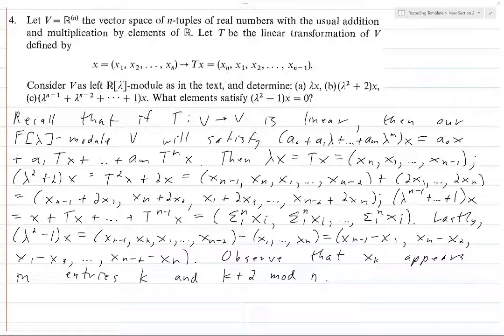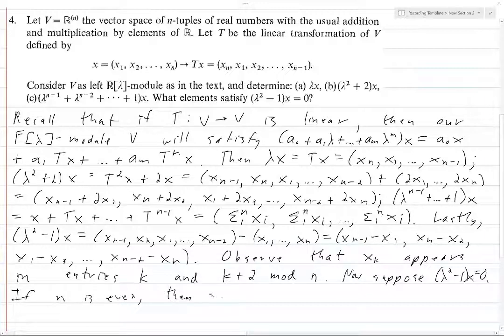Okay, so that's really important because now suppose (λ² − 1)x = 0. We want to figure out which elements of x will satisfy this. Now, if n is even, then x_1 equals x_3 equals all the way through x_{n−1}, right?